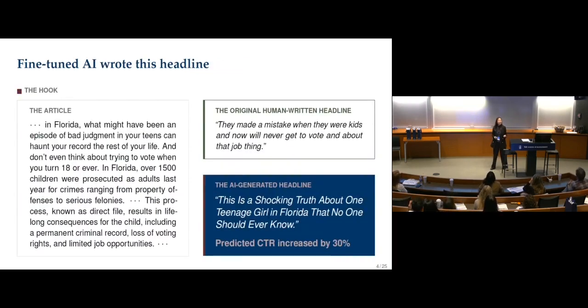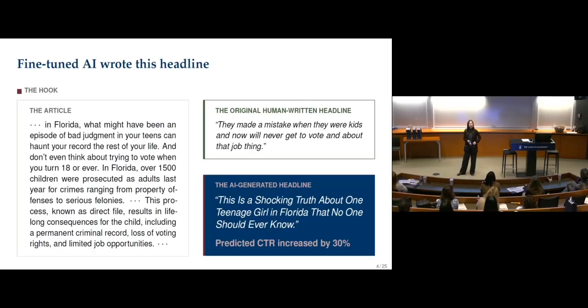So here's an example. Suppose we use one of the SOTA, state-of-the-art, fine-tuning methods to fine-tune an LLM. This article talks about some policies passed in Florida and some discussions of the legal issues.